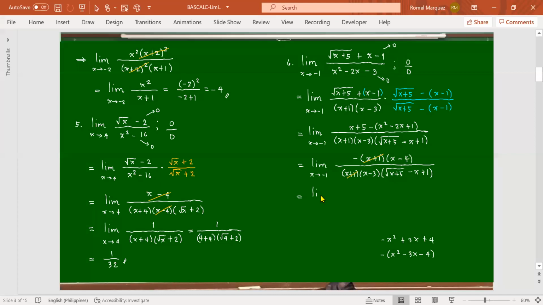Negative x minus 4 or negative x plus 4, or rather 4 minus x. In the denominator, we have x minus 3 and then multiplied to square root of x plus 5, then minus x plus 1. 4 minus x.